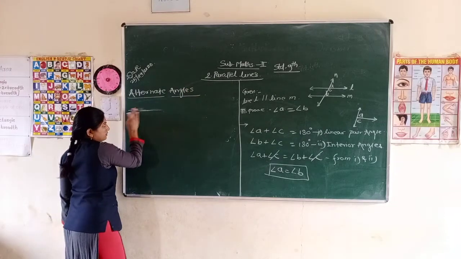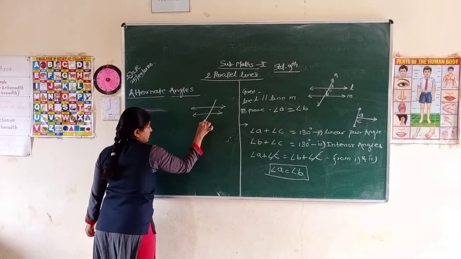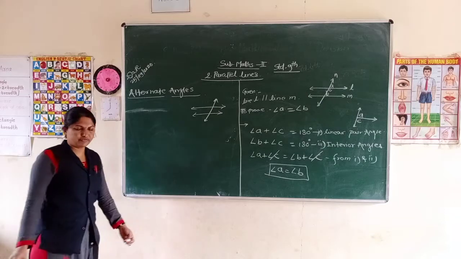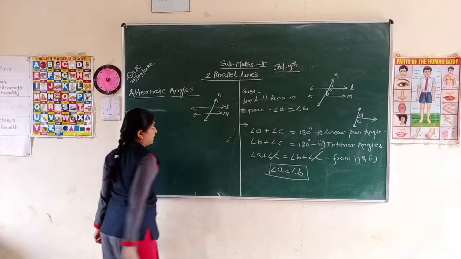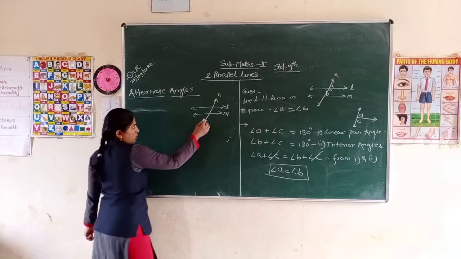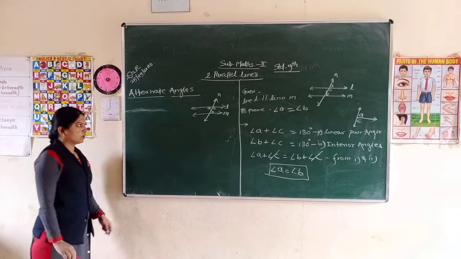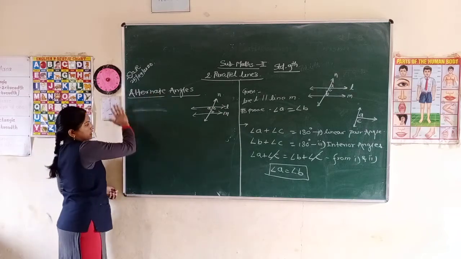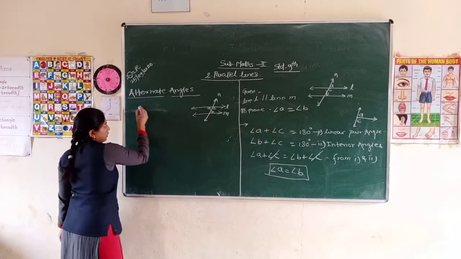Okay, same thing. Always draw your diagram at the left side. L, M, N. Now A, B, C. See, this you have to prove.